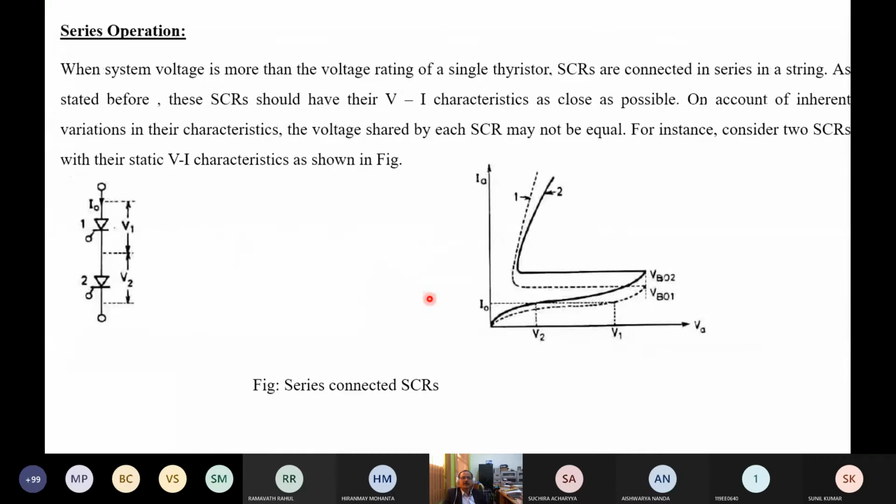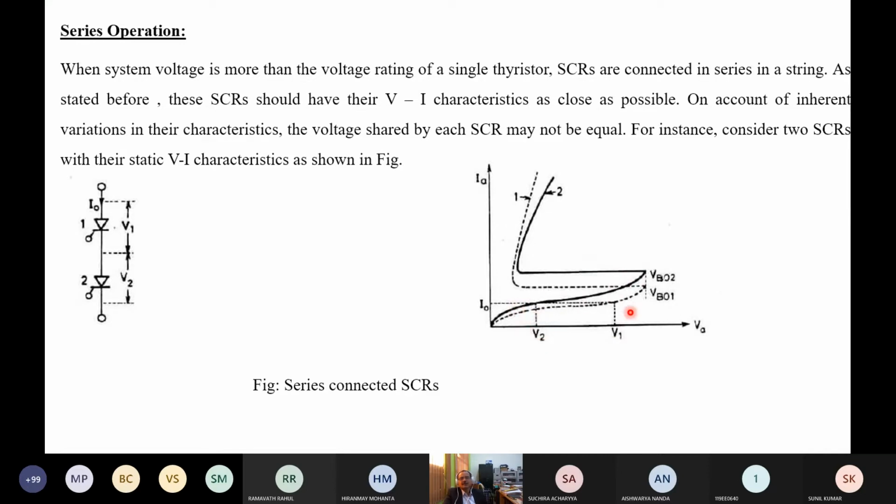From the characteristics here, you can see that the thyristor having the minimum leakage current is blocking the maximum voltage. The solid line has higher leakage current and is blocking less voltage.